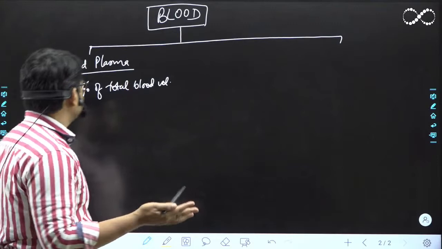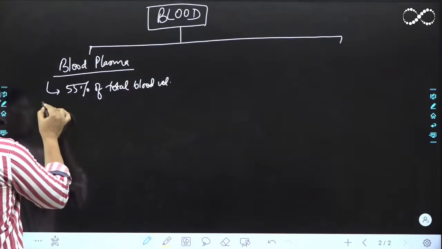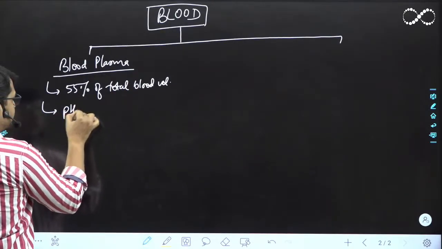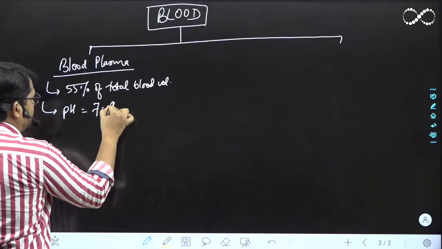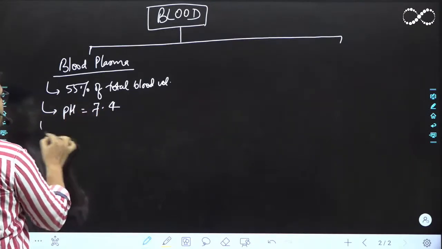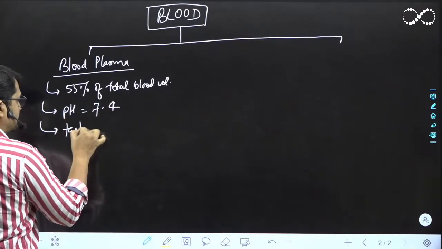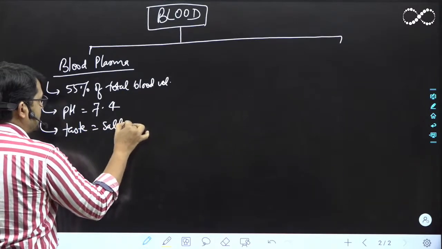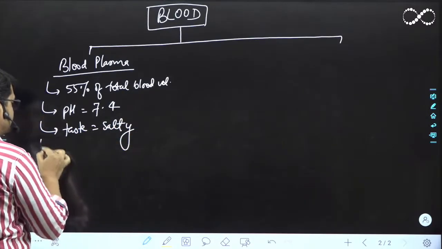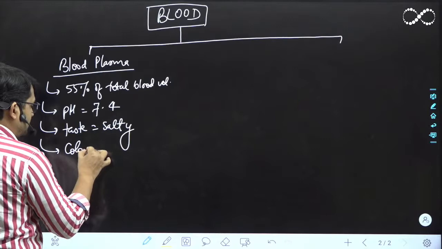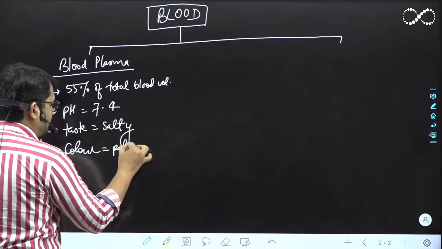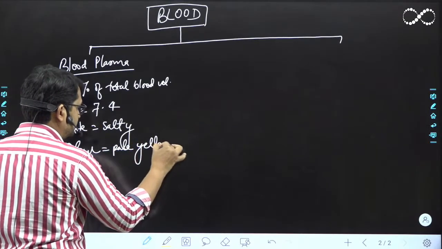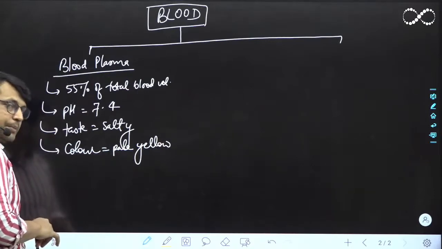Got it? Now, what is pH? pH is 7.4. What is taste? If we are talking about taste, it is salty. What about color? Color of plasma is pale yellow.